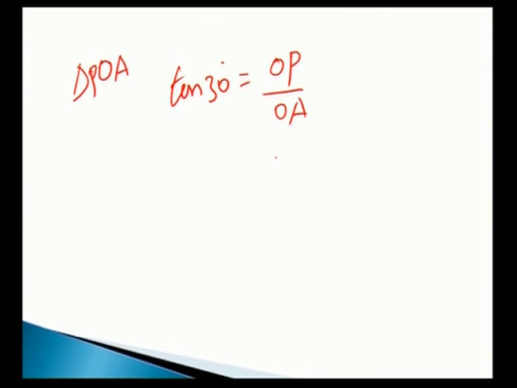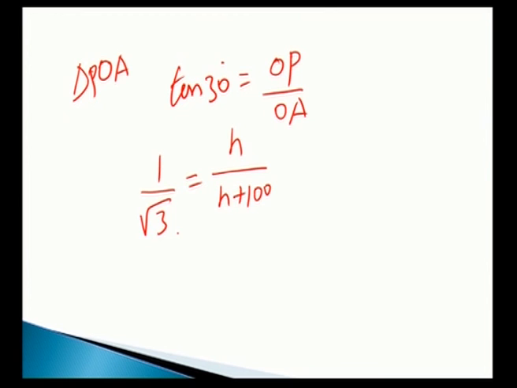Then in right angle triangle POA, tan theta, tan 30, is equal to OP by OA. Tan 30 value is 1 by root 3. Then OP value we have already taken as h. Then OA value we took as h plus 100.